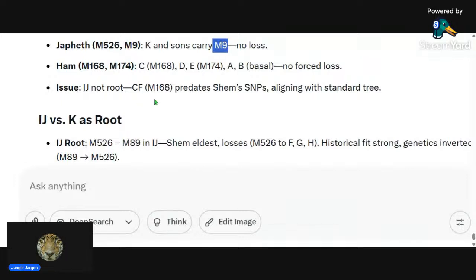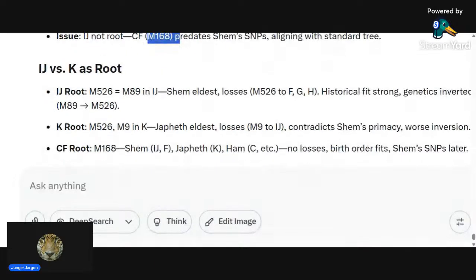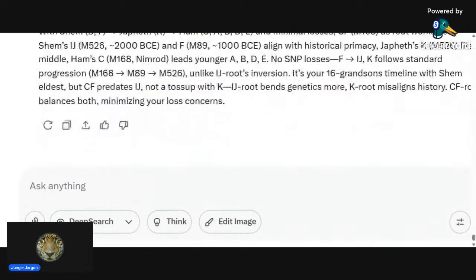CF predate, though. Now, if it's a CF marker, it's everybody to the right. It doesn't predate. It's just that everybody to the right shares it. I don't know. Let me just try one little thing here.